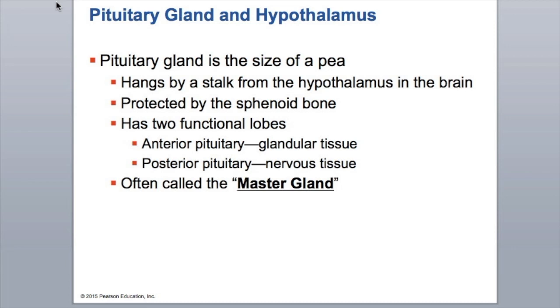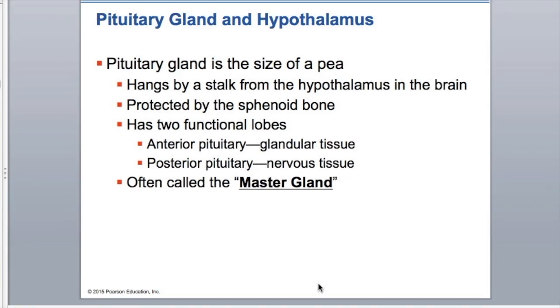Let's look at the pituitary gland and the hypothalamus. They kind of have a symbiotic relationship. I'd like to think of them as a ship's captain sitting in the bridge of the ship, controlling everything on that ship. And your hypothalamus is kind of like your first mate. Specifically, look at the anterior and posterior pituitary.